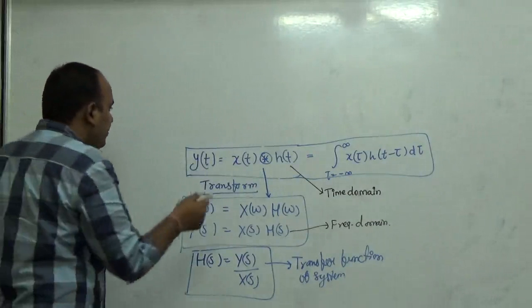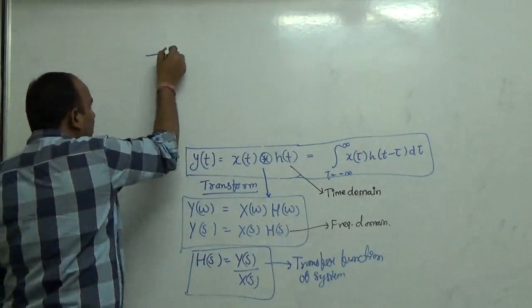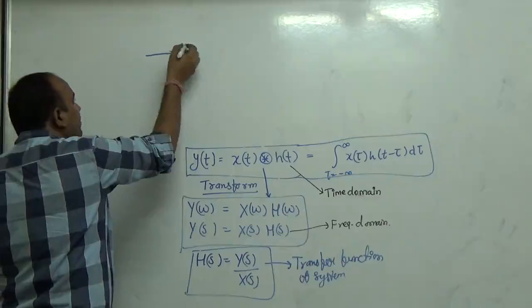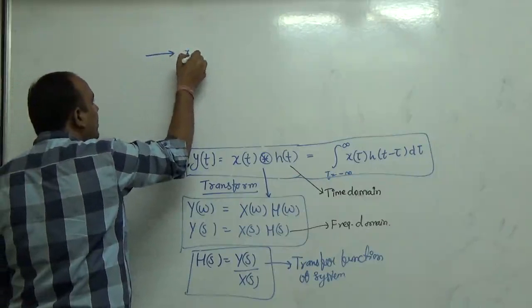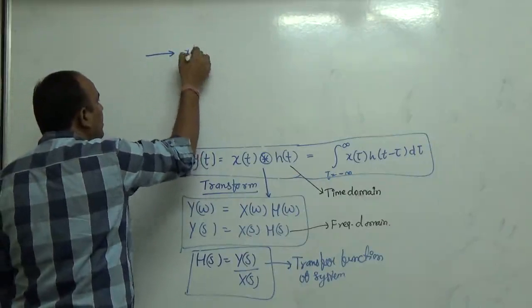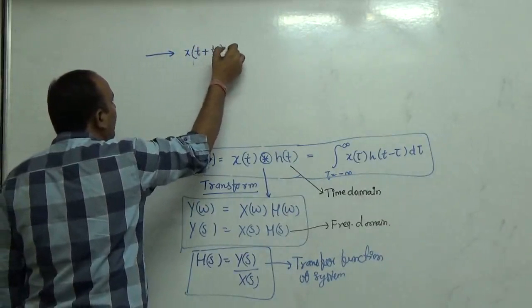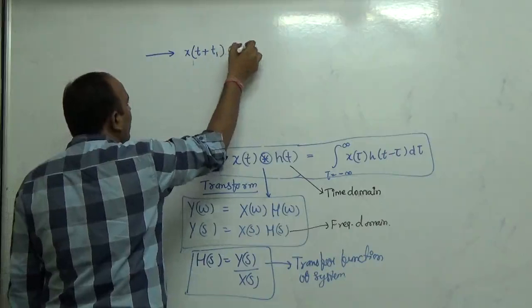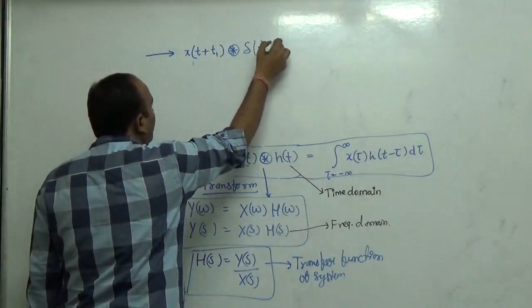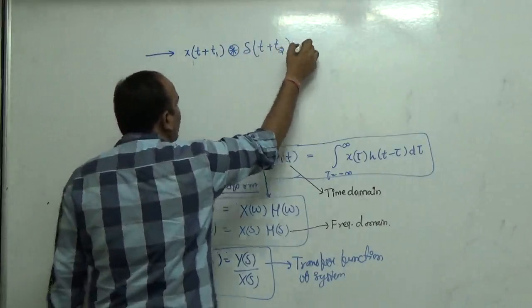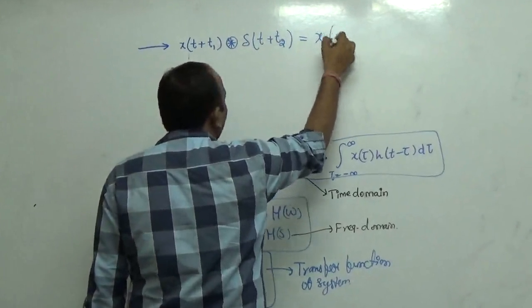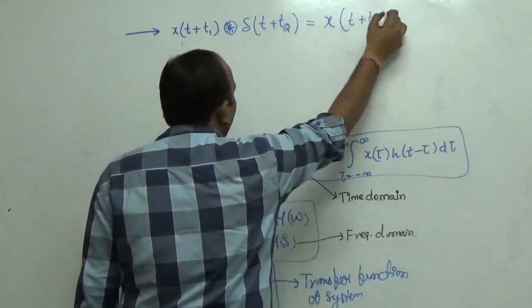Next, some important formulas. x(t plus t1) convolved with delta(t plus t2) is always equal to x(t plus t1 plus t2).